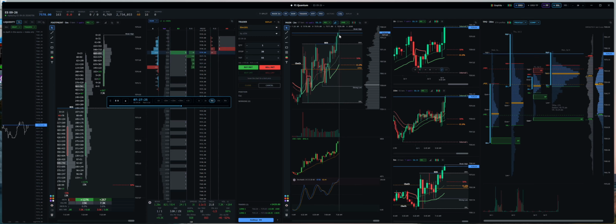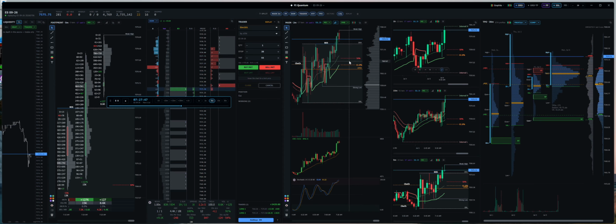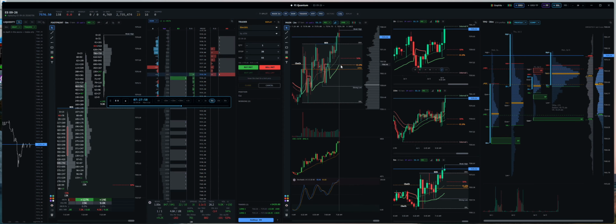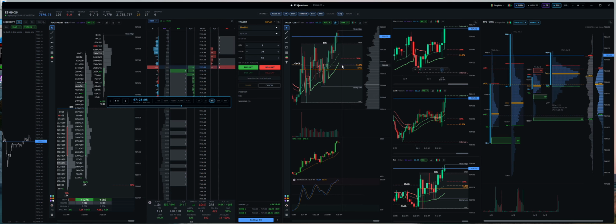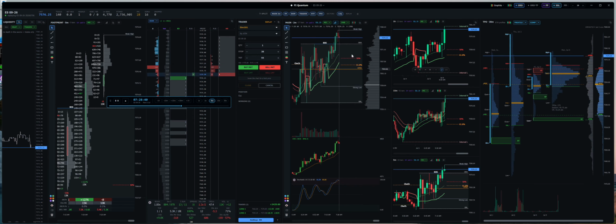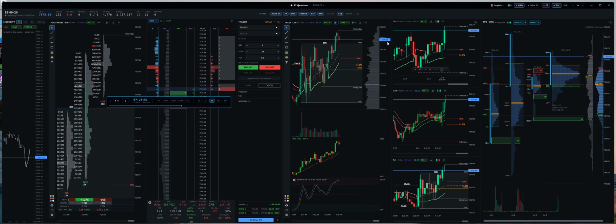So I'm expecting a bit of a retracement into this zone. And I want to see the market continue to go upwards, right?